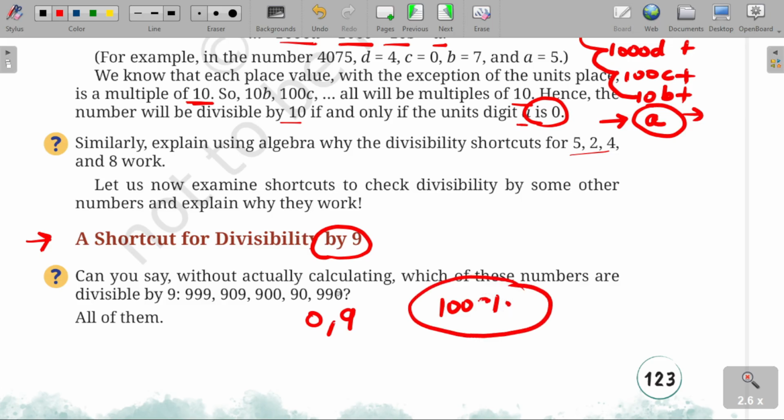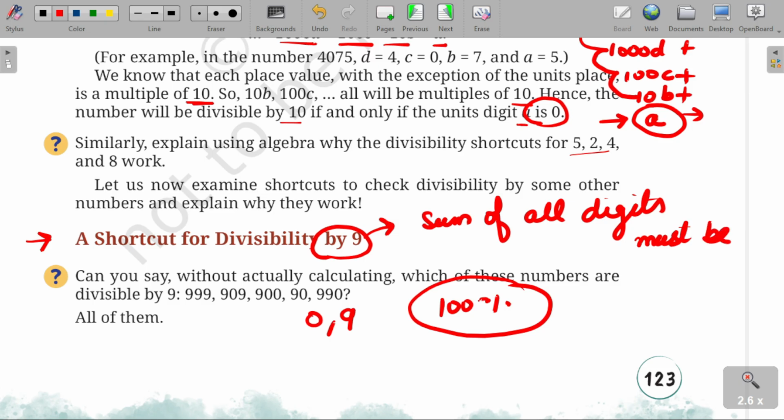Because the divisibility rule of 9 says the sum of all digits must be a multiple of 9. Only then we can say the number will be divisible by 9.